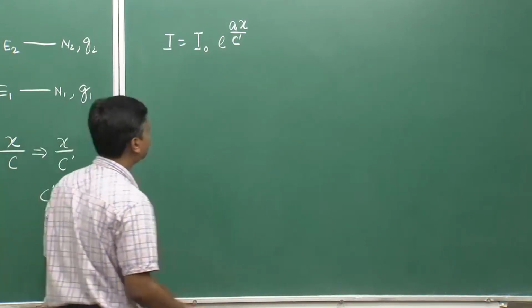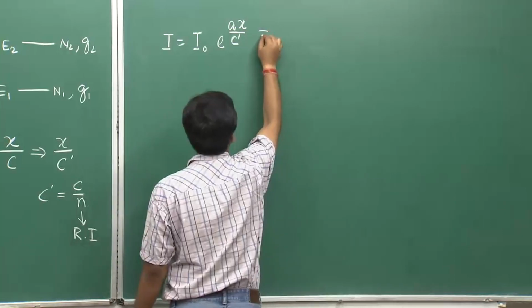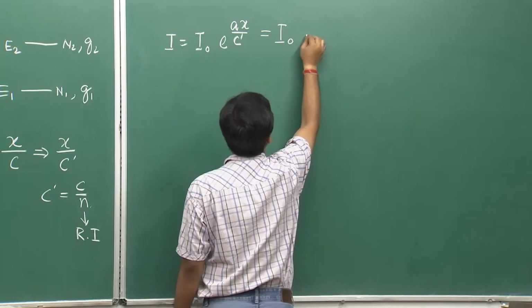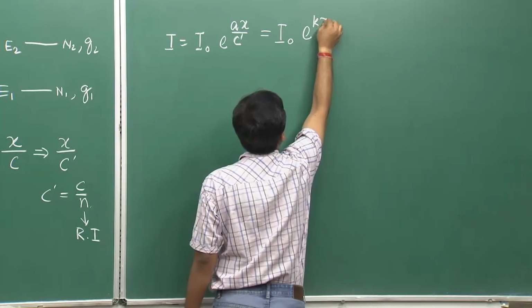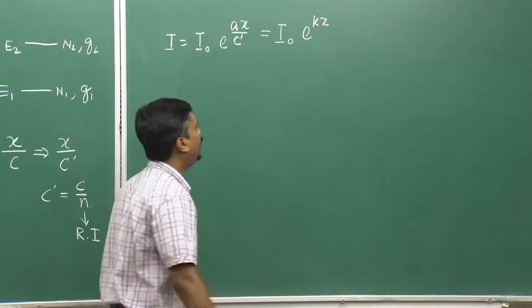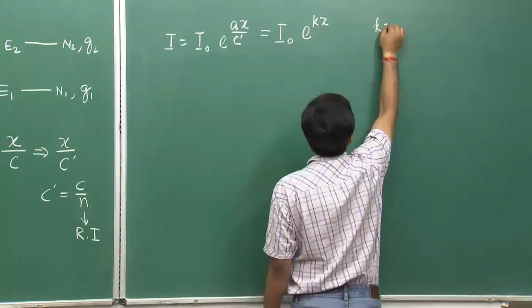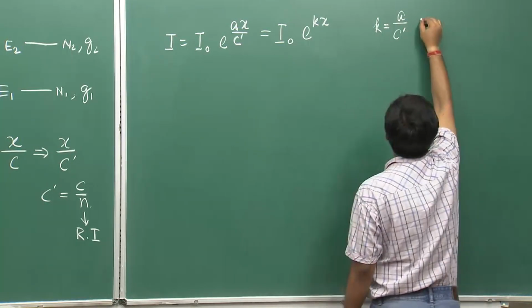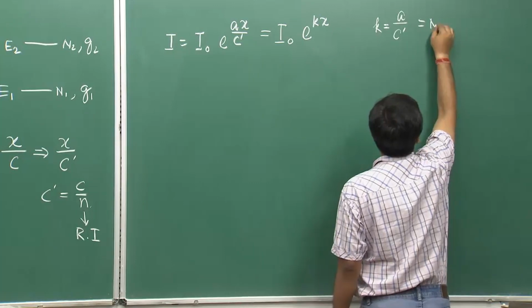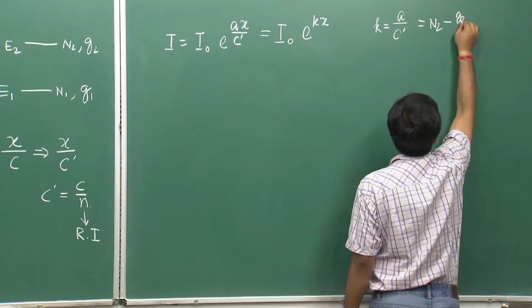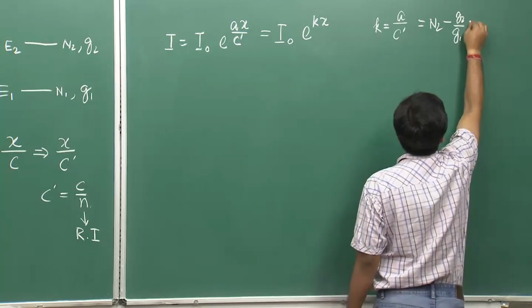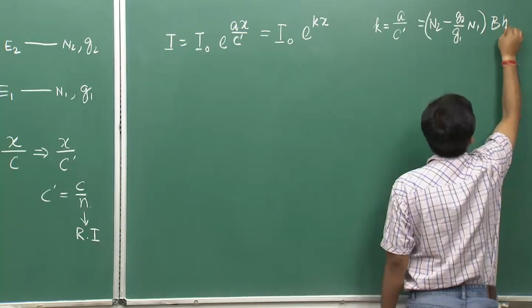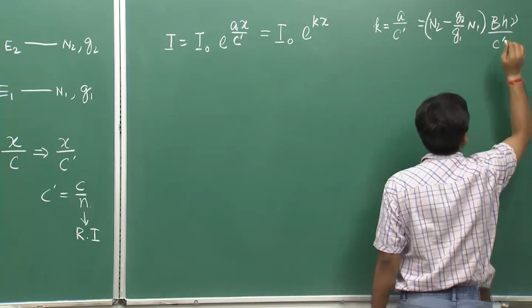If I club this a by c prime, then I can rewrite this as like this, where my k is equal to a by c prime, which is this.